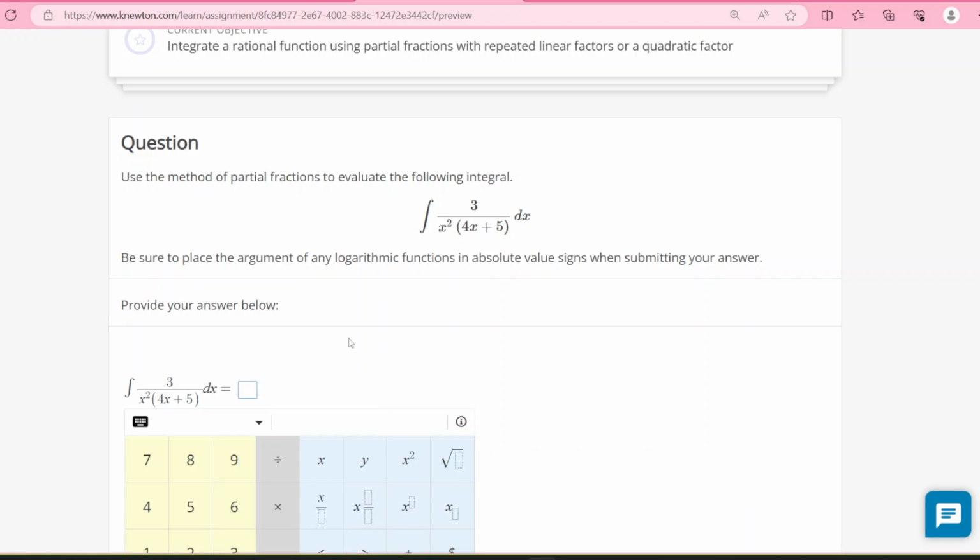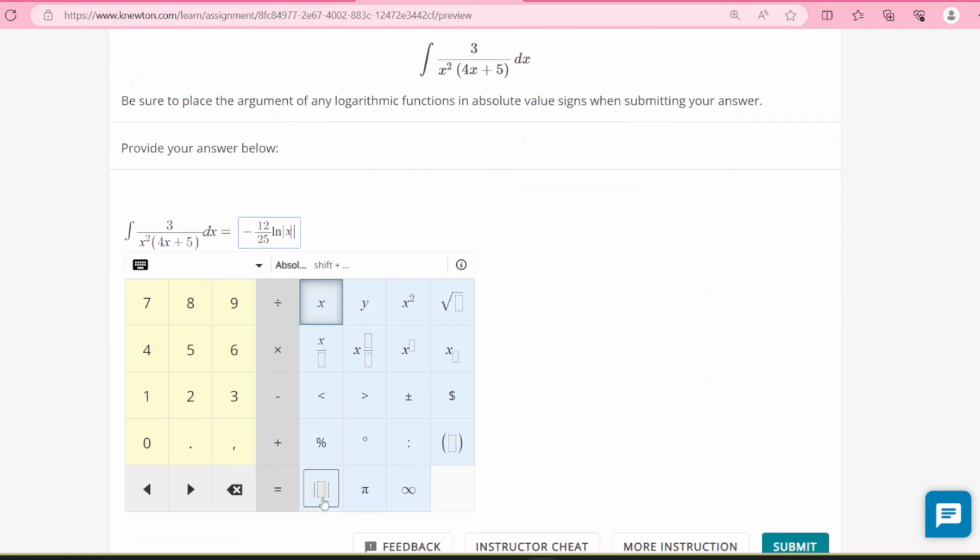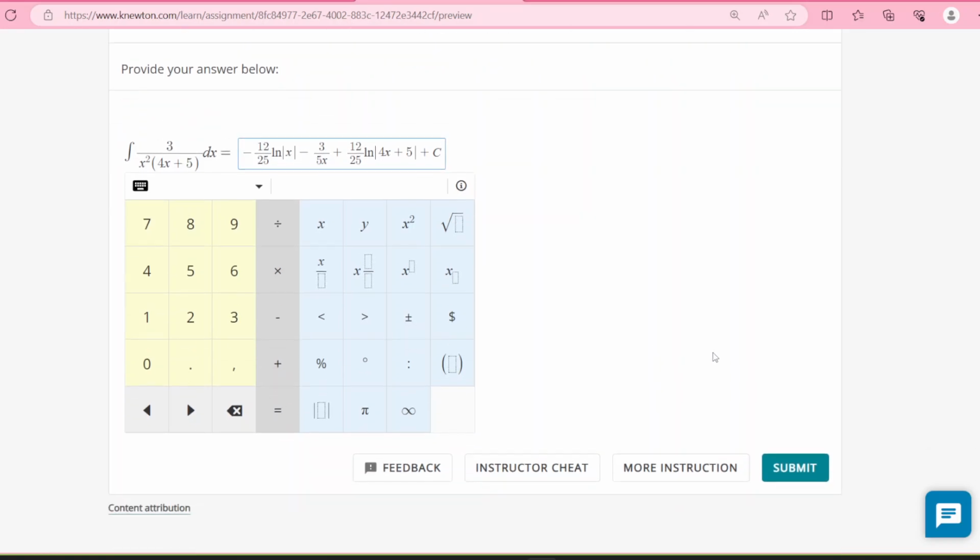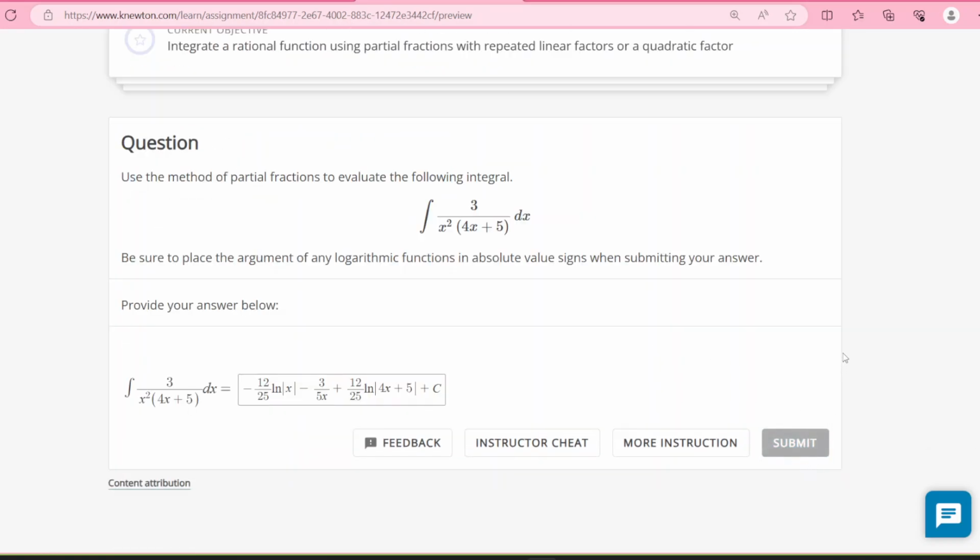So we ended up with negative 12/25 times the natural log of the absolute value of x minus 3 over 5x, and then plus 12/25 times the natural log of the absolute value of 4x plus 5, plus any constant, and this should be good.